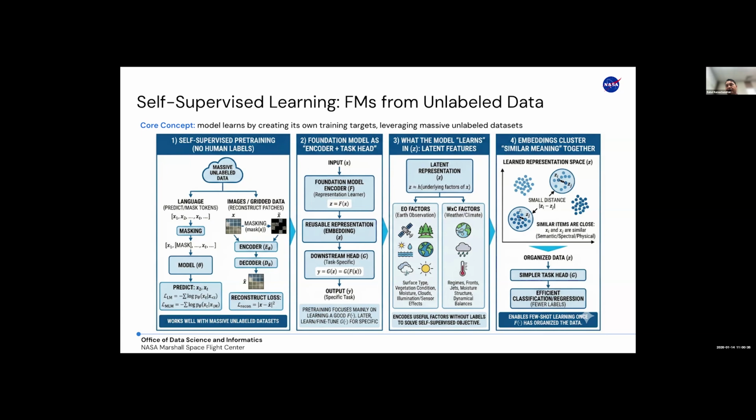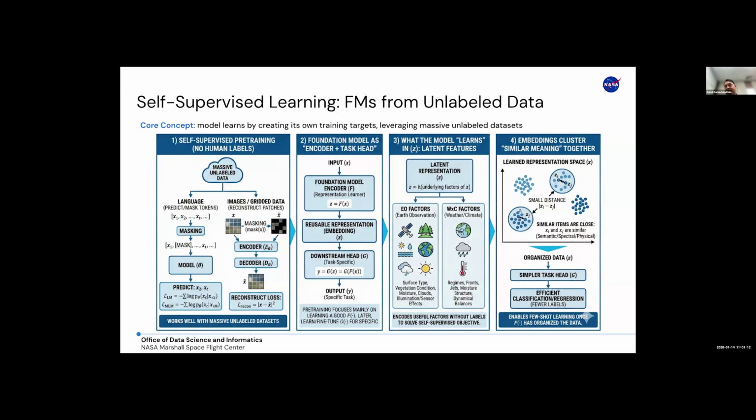The same thing applies with images. You have an image, you mask out patches of the image, and the network tries to figure out those missing patches that it has to relearn. Obviously, with scientific data sets, it gets more and more complex. You have multidimensional vectors that you're trying to get the model to learn. The second column is a little bit more conceptual and mathematical. In the pre-training stage, you are learning a function that creates an embedding that learns this representation.